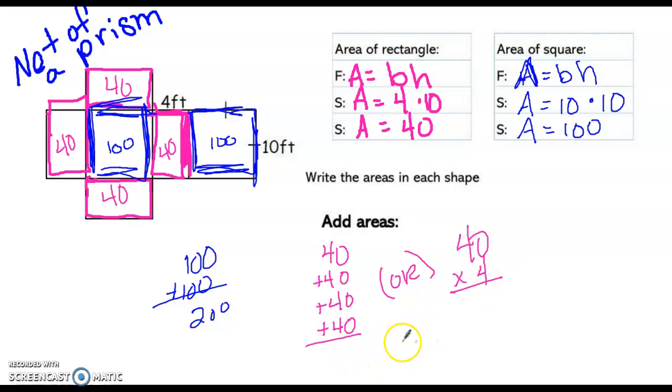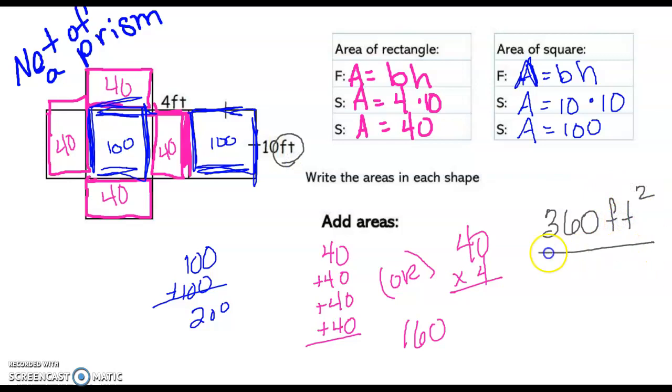Either way, we should get 160. So when we add our 200 to our 160, we should get a final answer of 360. We're working with the unit of feet. So feet squared is our answer.